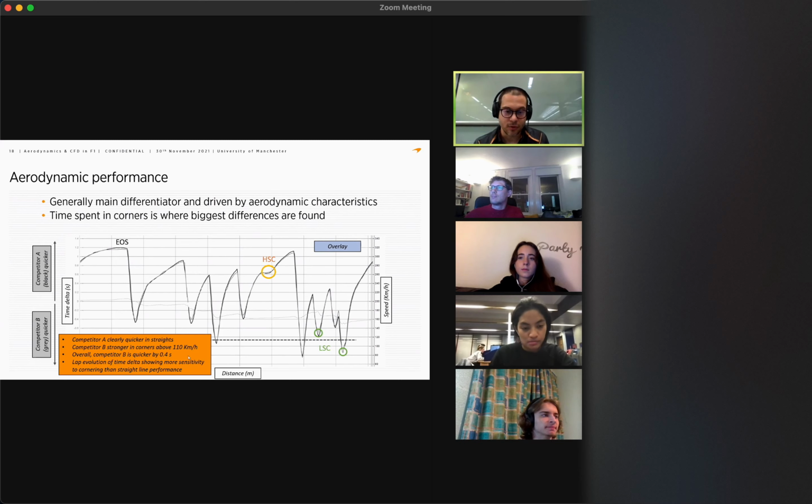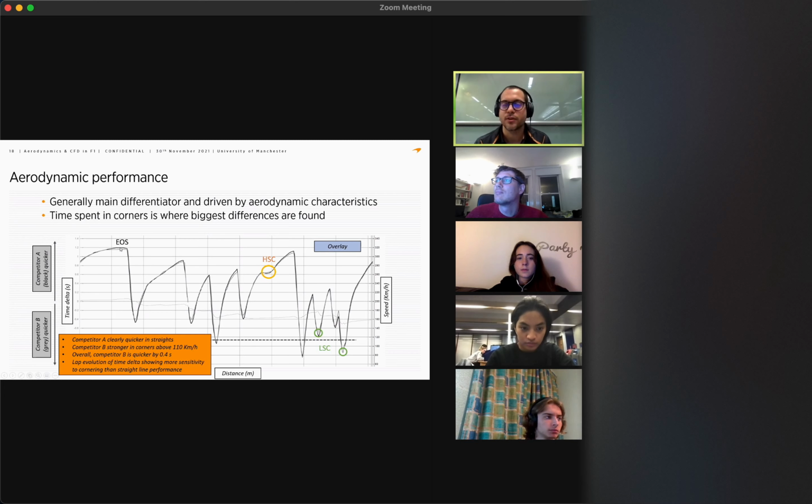Here, if you imagine that we have an x-axis, that it's the distance from start to finish around your track, we have on the right-hand side the speed that you carry at each position. And you will see 2 traces.